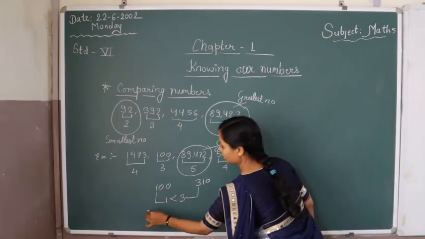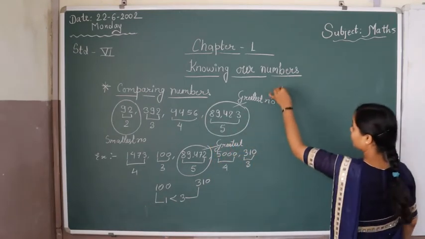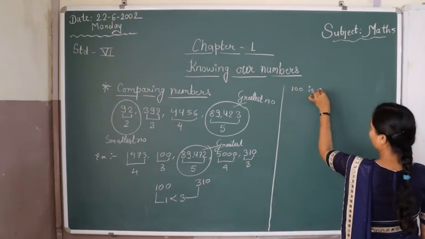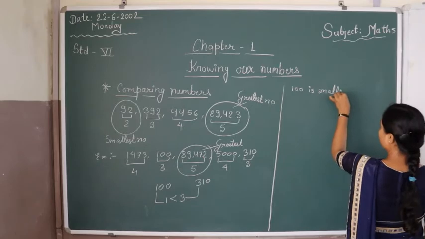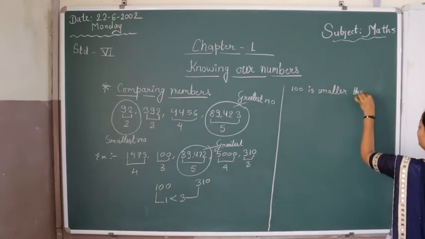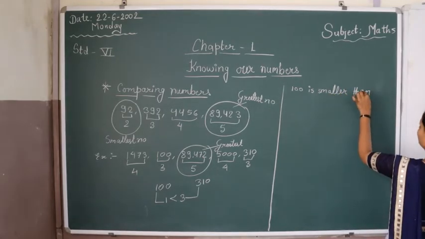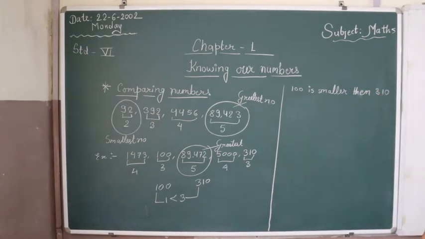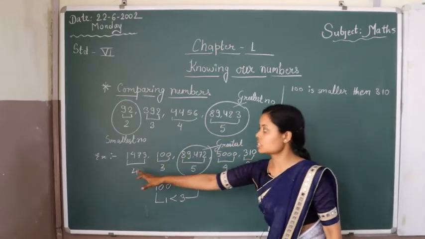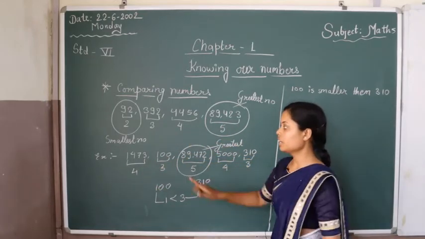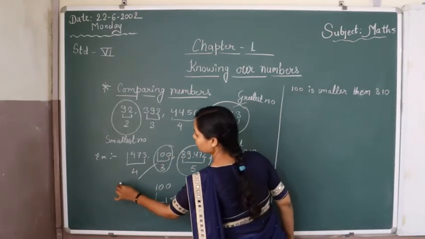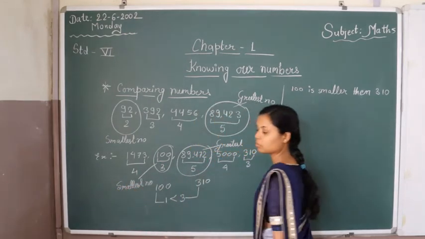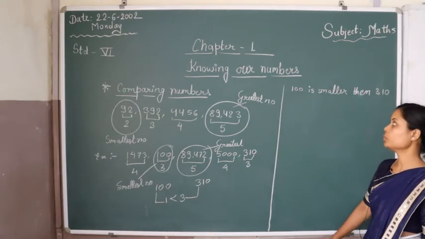So we can say that 100 is smaller than 310. So in this series 100 is the smallest number. I hope you understand.